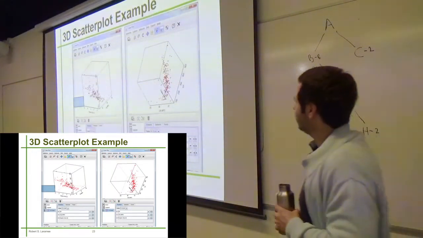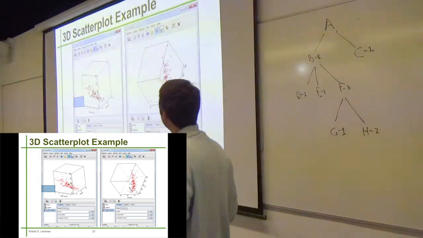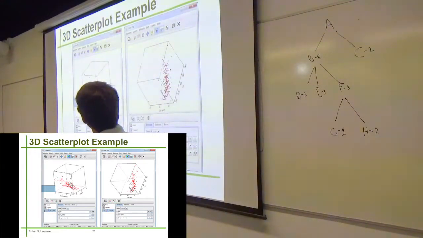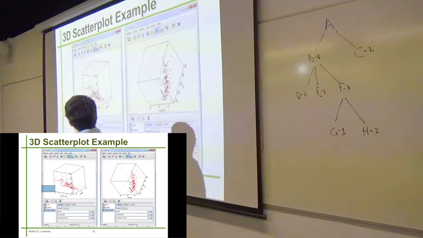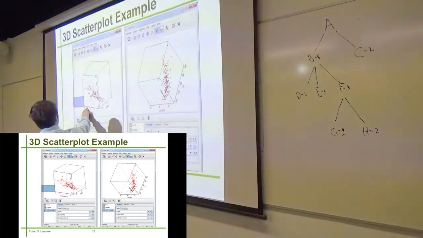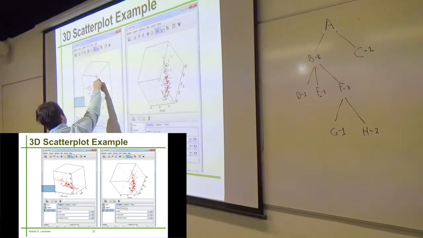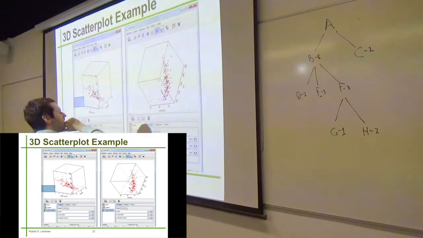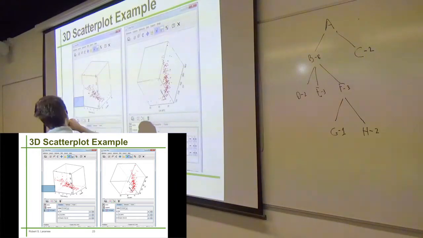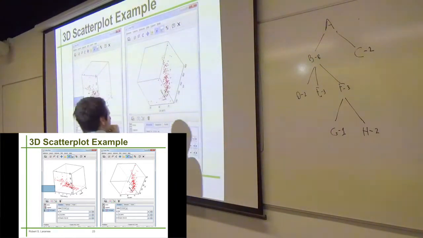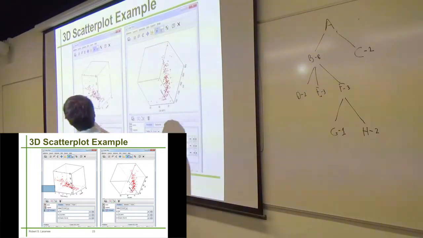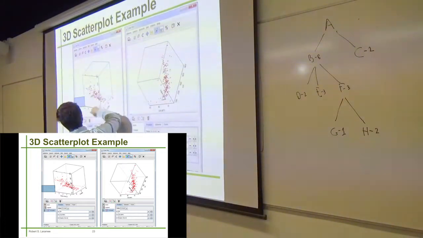Here's a 3-dimensional, so to speak, example of scatter plots. So there are 3 axes. There's the engine size on one axis, the miles per gallon on another axis, and then there's another axis there, city, okay, that's horsepower.